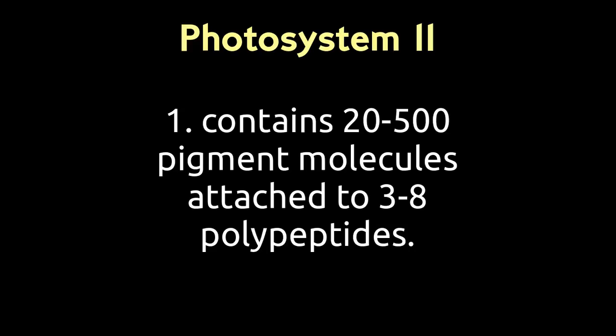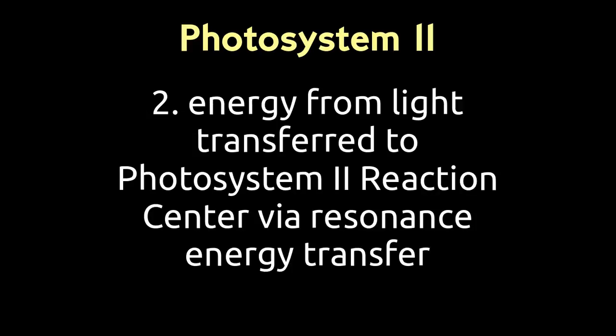The light is going to interact with these pigments in photosystem 2, and we're going to take the energy that's collected by photosystem 2 in the harvest complex and transfer it to the photosystem 2 reaction center. Honestly, I don't really care that you know that's resonance energy transfer, just that the energy is transferred.